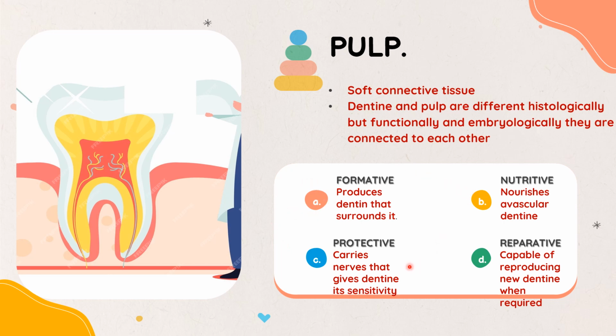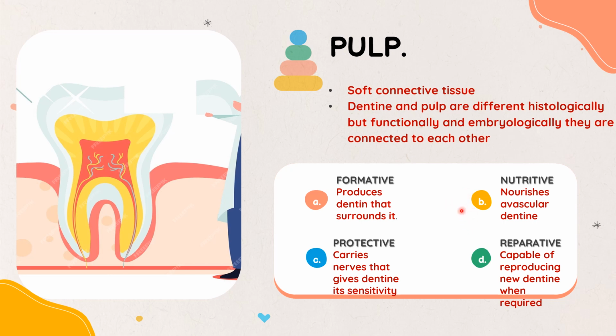In a formative way, pulp produces the dentine that surrounds it. In a nutritive way, since pulp consists of blood vessels and all the blood network of the tooth is present in pulp, all the nourishment is provided to avascular dentine by the pulp.